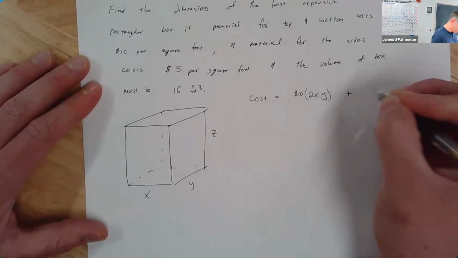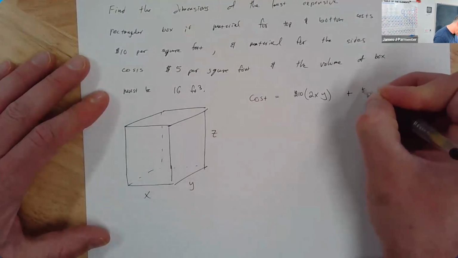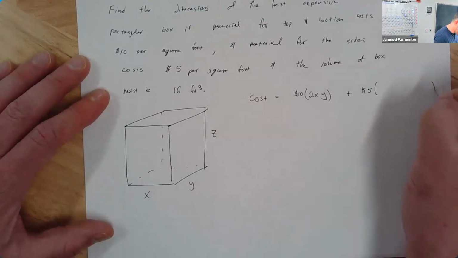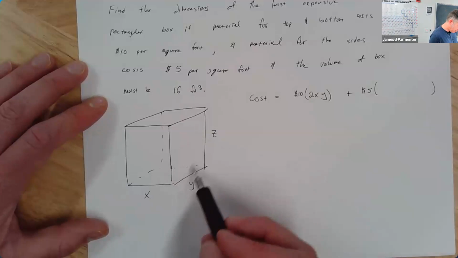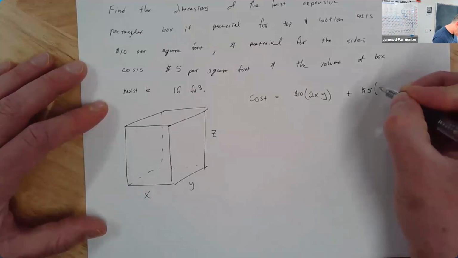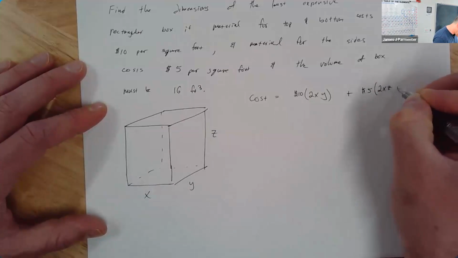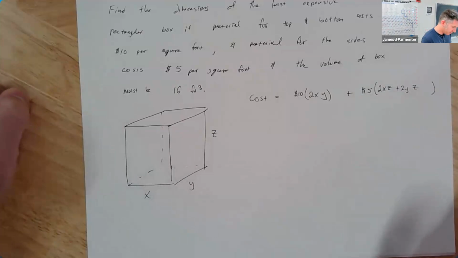And then similarly, the sides cost $5 per square foot, times the amount of square footage. Well, the sides you have y times z, and then x times z, and then y times z, and then x times z. So you actually have a 2x times z plus a 2y times z. That's the area of the sides.